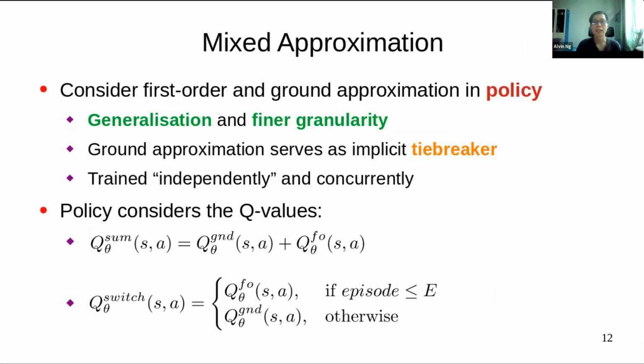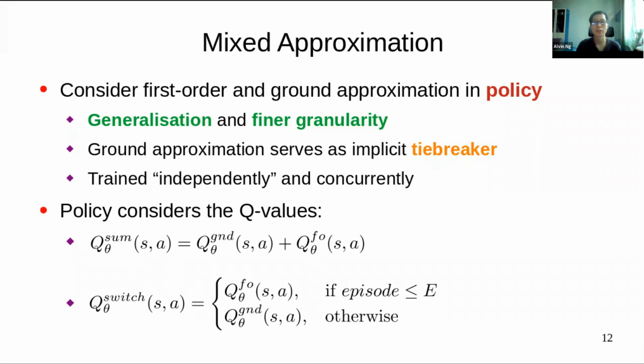We propose to mitigate this issue by considering both first-order and ground approximation in the policy, thereby combining the strengths of both approximations, which is better generalization and finer granularity. Both approximations are trained independently with their own weights, features, and TD targets. We consider two types of policies. First, we consider the sum of the Q values, Q sum, from both approximations.